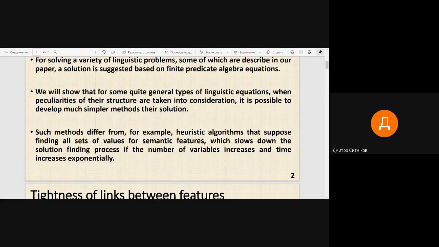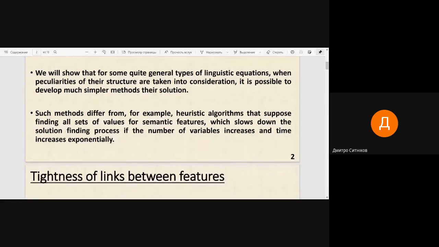Such methods differ from, for example, heuristic algorithms that suppose finding all sets of values for semantic features, which slows down the solution finding process if the number of variables increases and time increases exponentially.